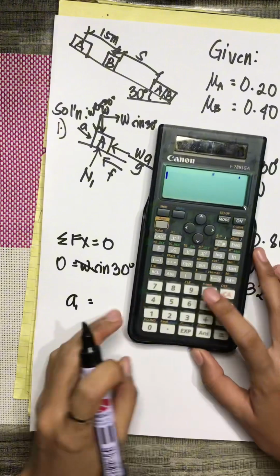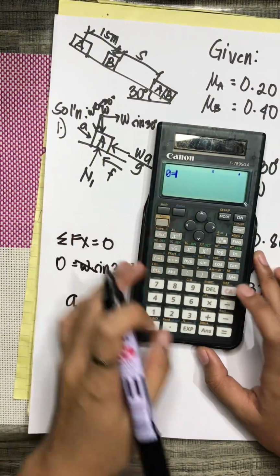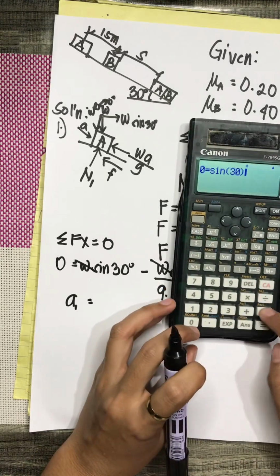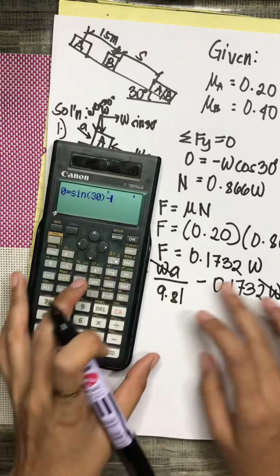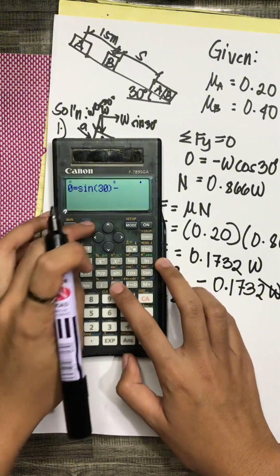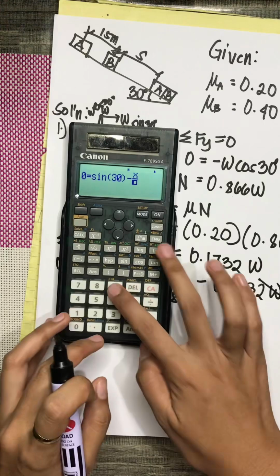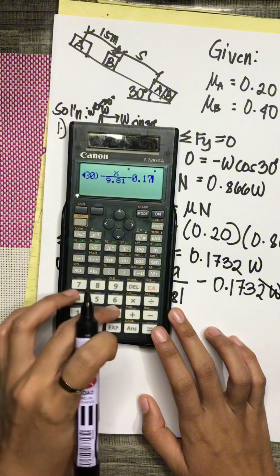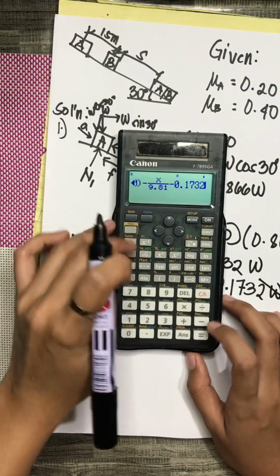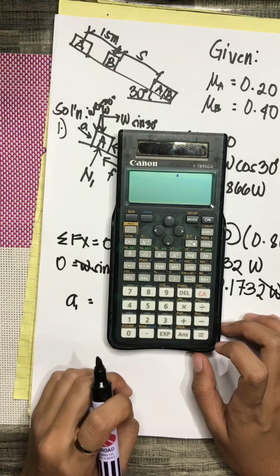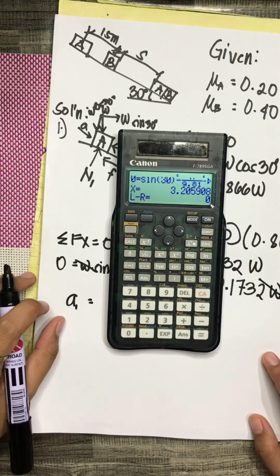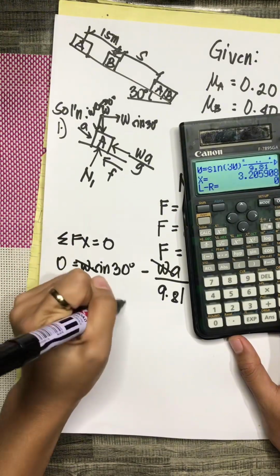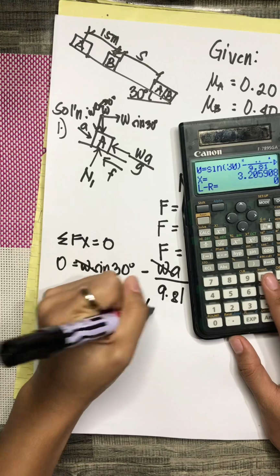Let's calculate. So the answer is 3.21 meters per second squared.